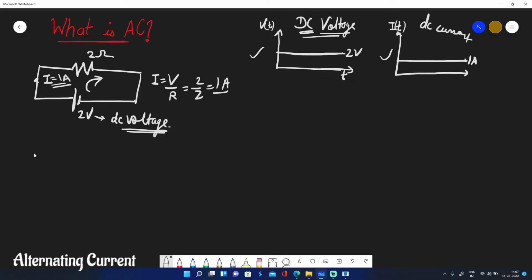Suppose another waveform is here. Let us see this waveform. This is I versus t, time. If I observe a current like this in some other circuit, okay, this was about DC, this was a DC circuit. Suppose this is a separate one.